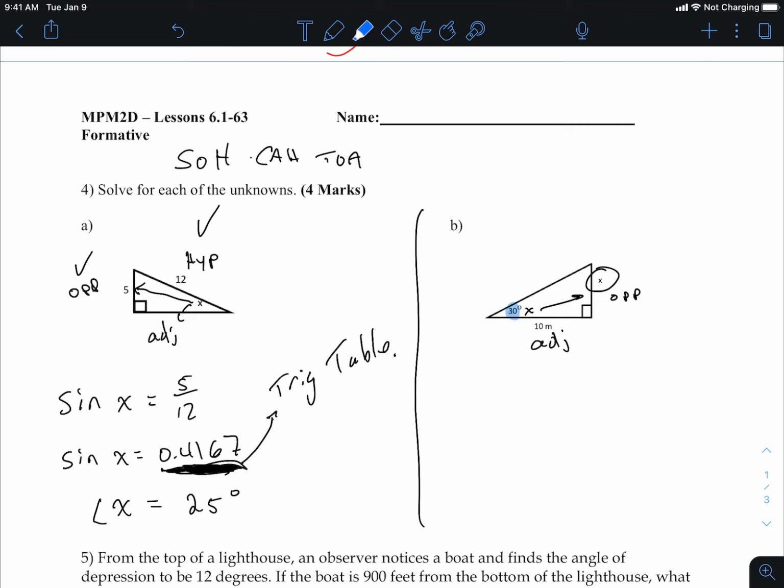You're going to pick a trig ratio or a trigonometric function, but you need to select the correct one that uses the thing that you're looking for and the piece of information that you have. I see that I have opposite, and I see that I have adjacent. O and A from tangent seems to be the most appropriate. So I'm going to go tan of 30 is equal to X over 10.